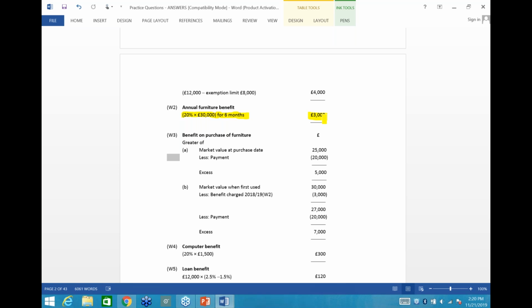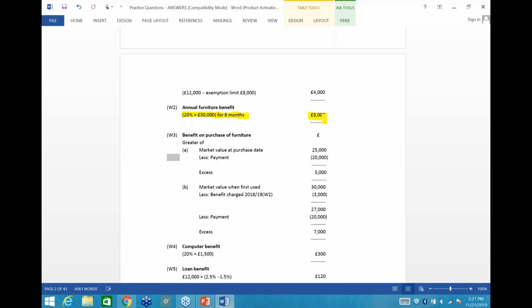Then how do you calculate the benefit given to Rita by allowing her to purchase this furniture below the market value? So the rule is you have to take the greater of the market value at the time of gift, and then we do another computation to find out the available usage value of the asset, very much similar to a net book value computation in accounting.